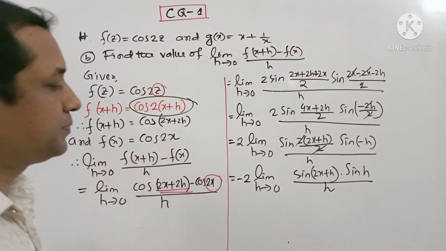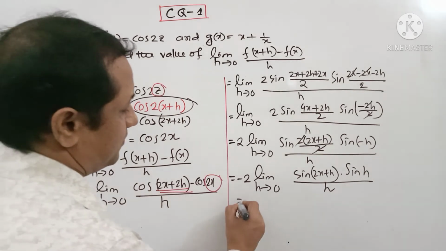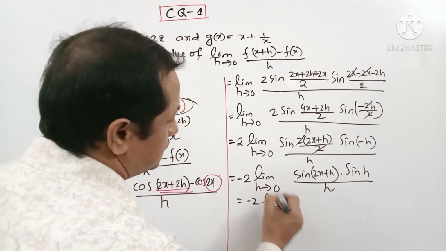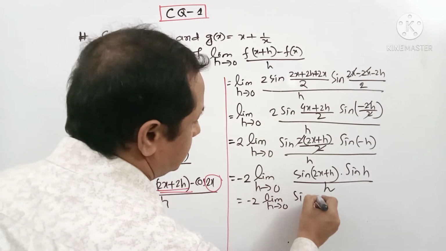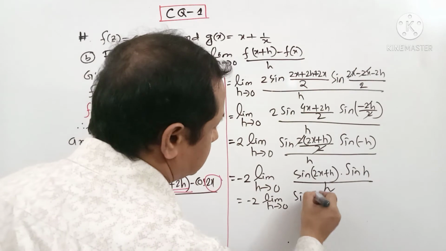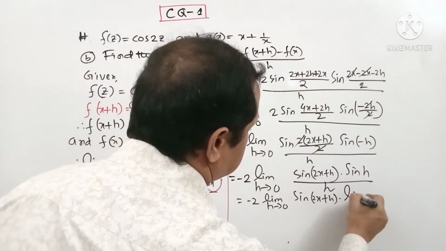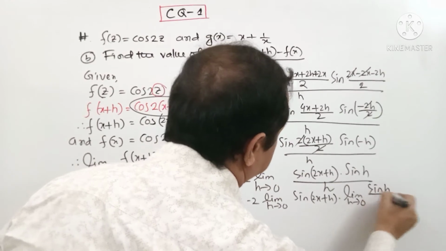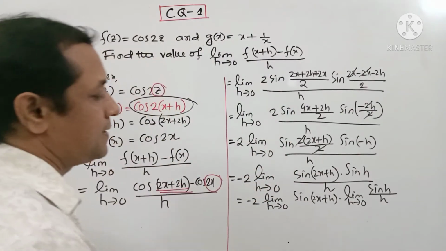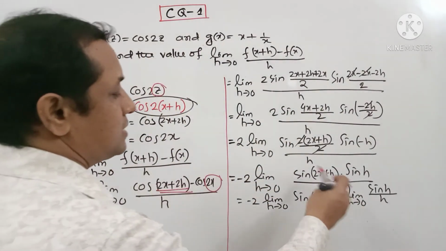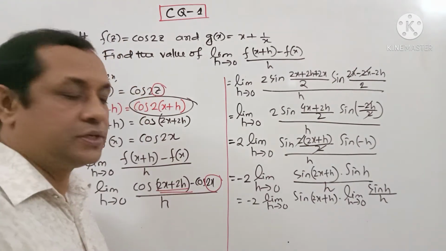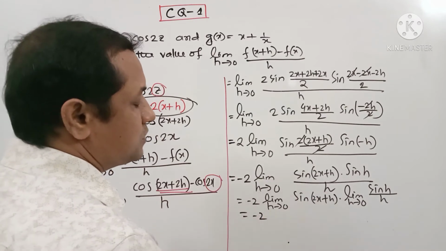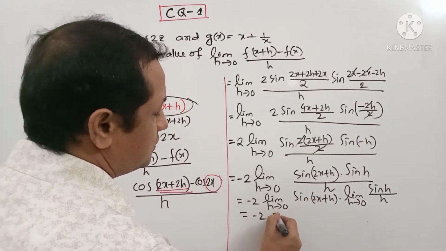So student, here minus 2 limit h tends to 0 sin(2x plus h), and limit h tends to 0 sin h by h. Here student, we are separating all the expressions. Now putting the value of h equals 0. So here sin 2x.